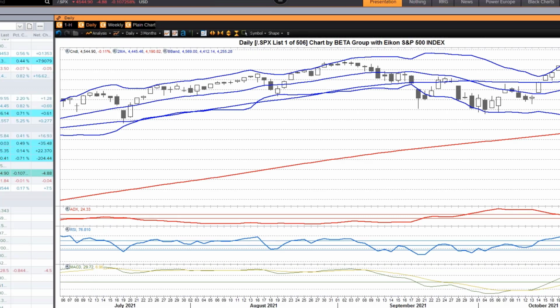Now, many technical analysts are getting very excited because there was a doji on Friday, and the doji is a message of indecision and can be a topping pattern. But I think a lot of people were a bit overexcited about what this means. First of all, it isn't a doji unless we break the low of it, 4,524.